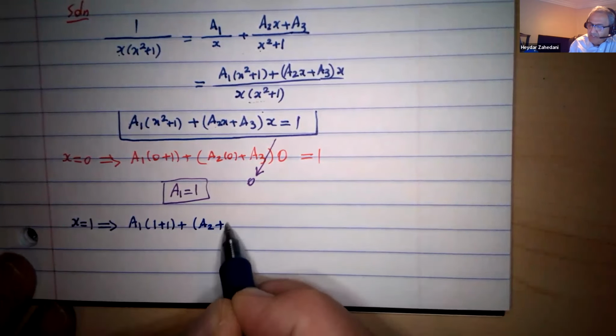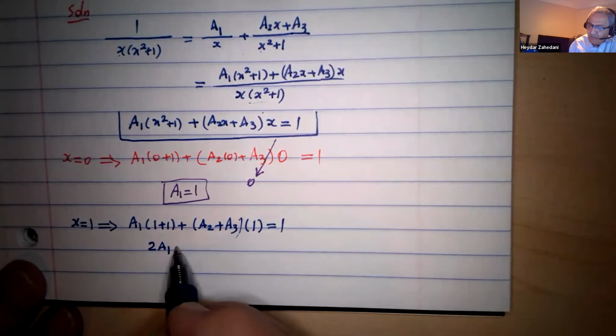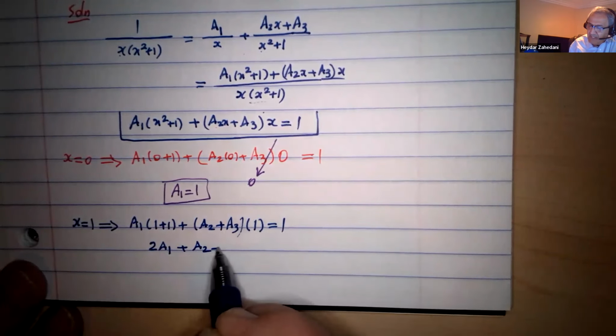So 1 and 1 would be 2, that gives you 2A1. And over here, you just multiply. This is going to be A2 plus A3 equal to 1. So as you can see, A1 is equal to 1.